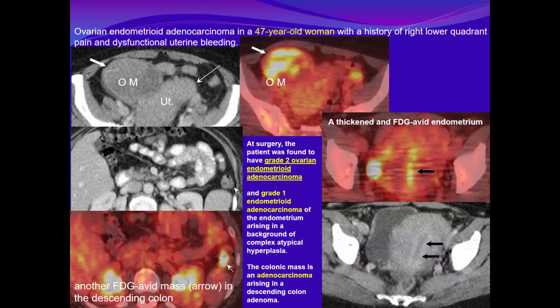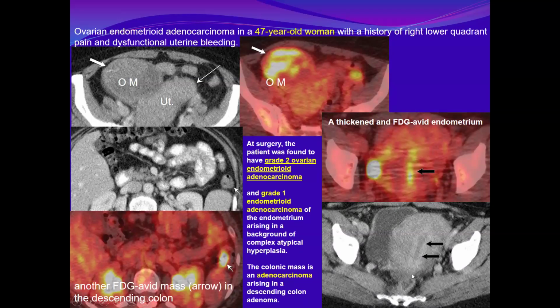Another Lynch syndrome ovarian cancer patient. You see, not only ovarian cancer here. This is the uterus, and this is the ovarian or right adnexal mass taking strong uptake. And not only that, look at this CT.